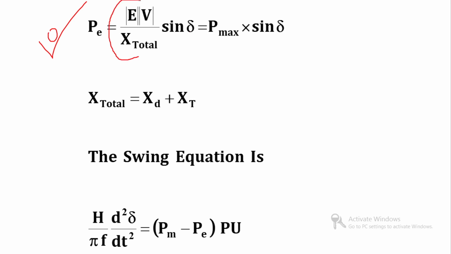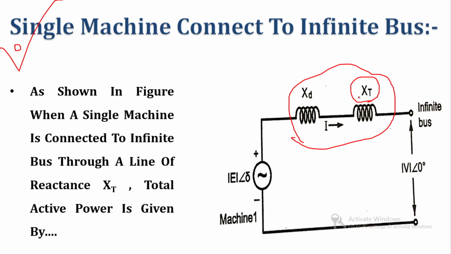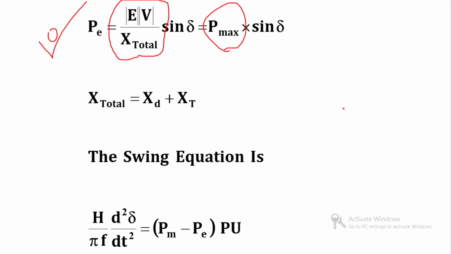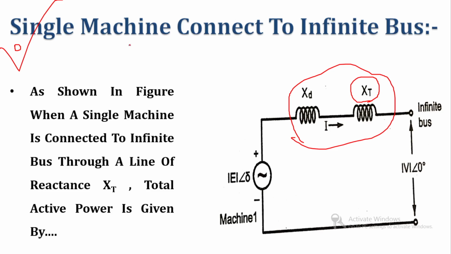EV by X is basically P max, and X total in this case is XD plus XT, because both are in series. The swing equation is H upon pi F d square delta by dt square is equal to Pm minus Pe. This is the power angle equation and swing equation for a single machine connected to an infinite bus.